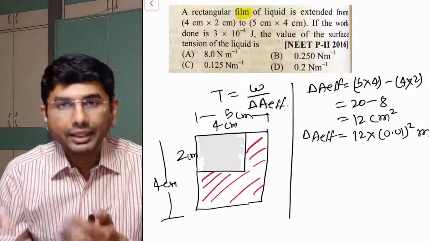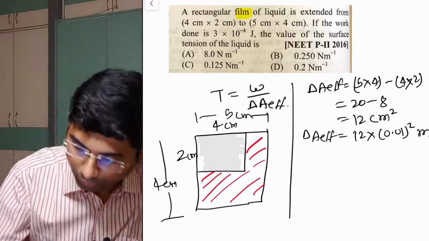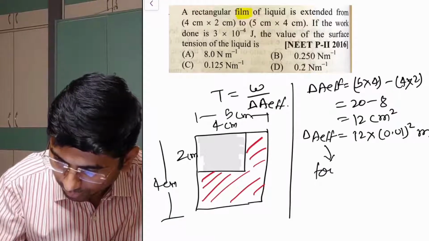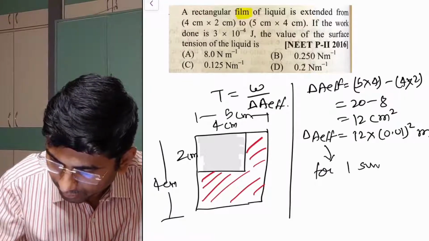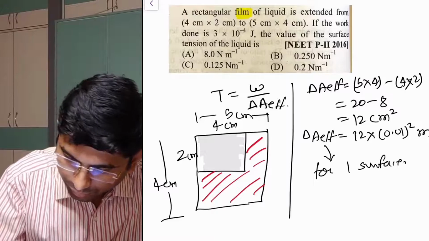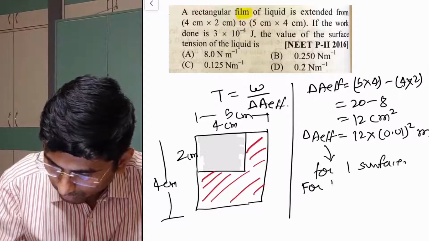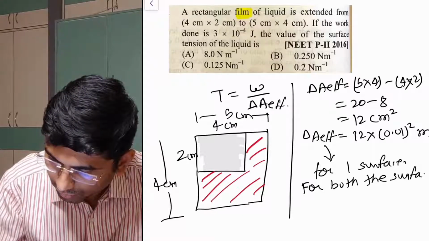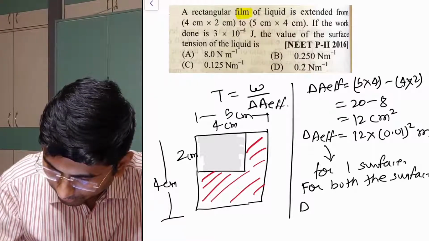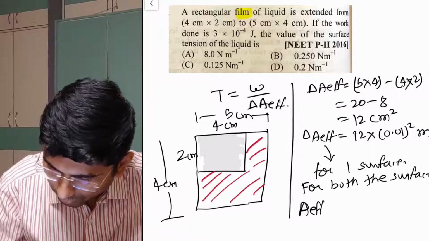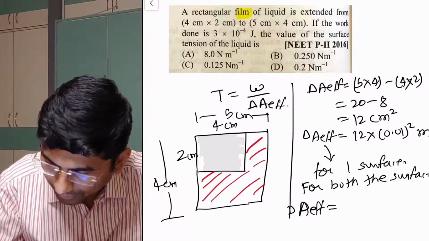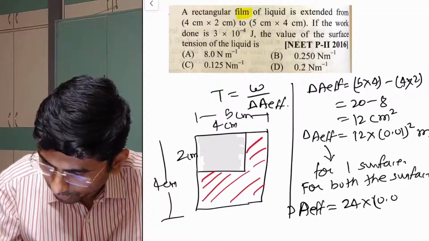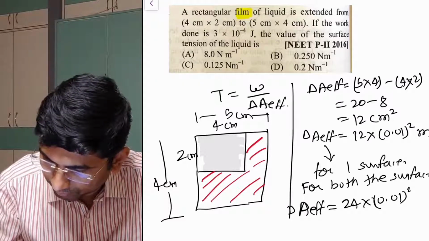Now this is one sided area. This is not the complete area. This is only for one surface. For both the surfaces, the effective change in area is equal to twice 12 into 0.01 into 0.01 square meter.